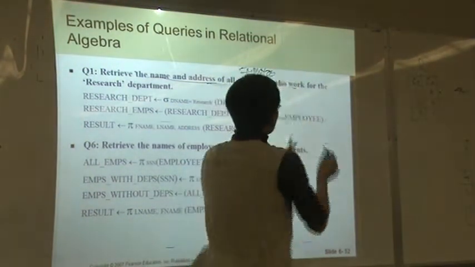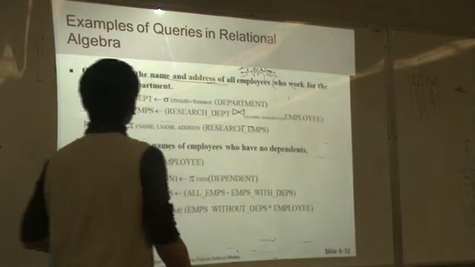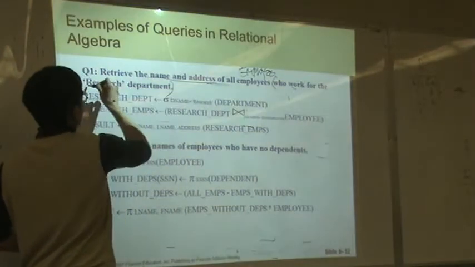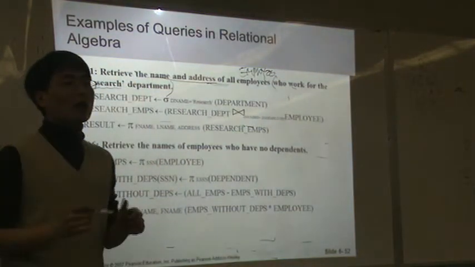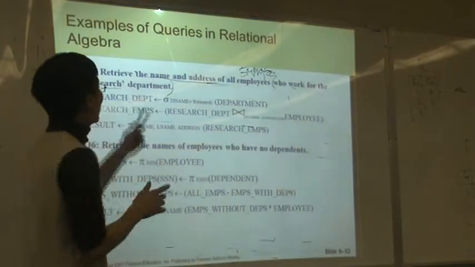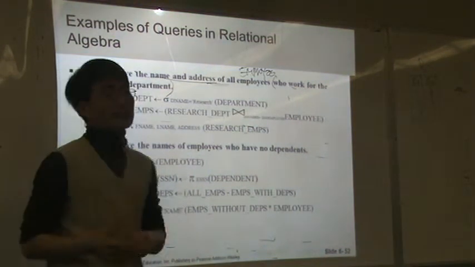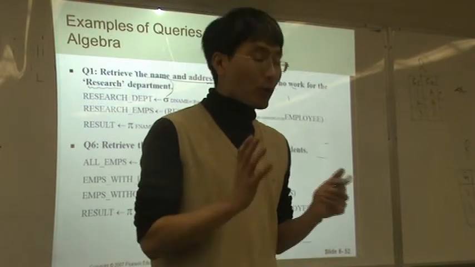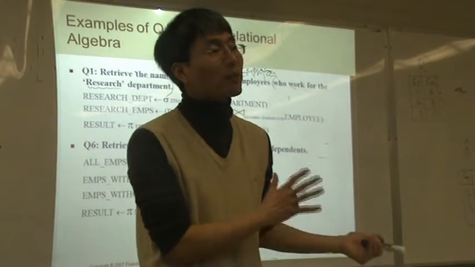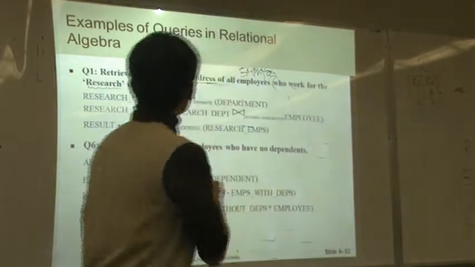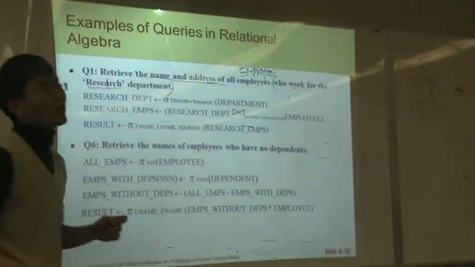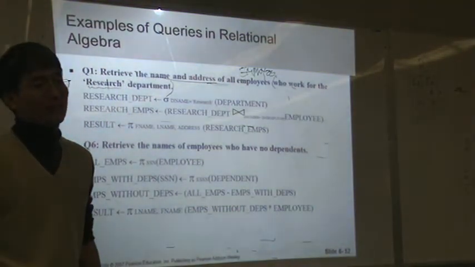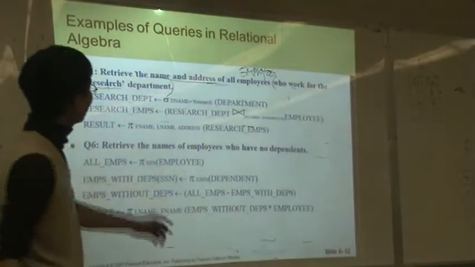However, there is a condition. Who works for the research department? Where can you get the research department? Unfortunately, not in employee. If this is the department number 1, something like the DNO is equal to 1, then it's simple.